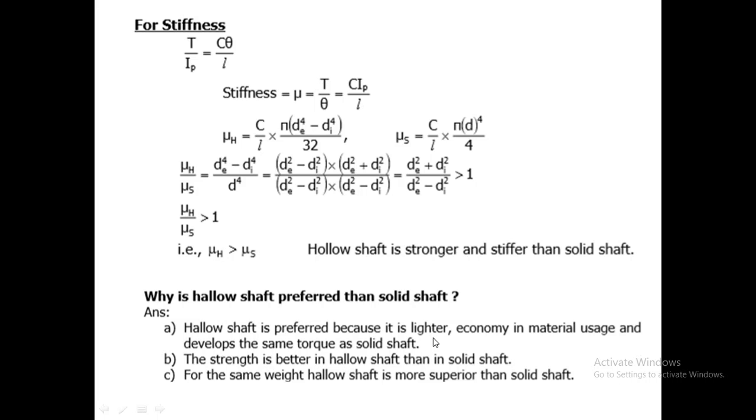And if you take the same weight, the hollow shaft is better than the solid shaft. Just now we proved that the strength and stiffness is better in case of the hollow shaft than the solid shaft for the same weight. So we prefer the hollow shafts while designing the shafts for critical applications.